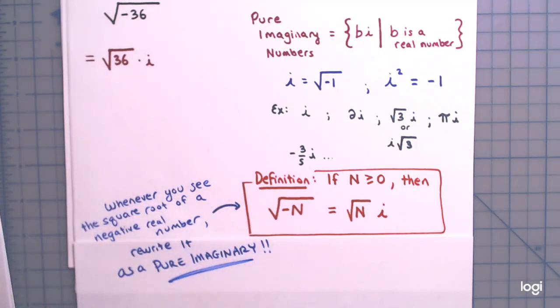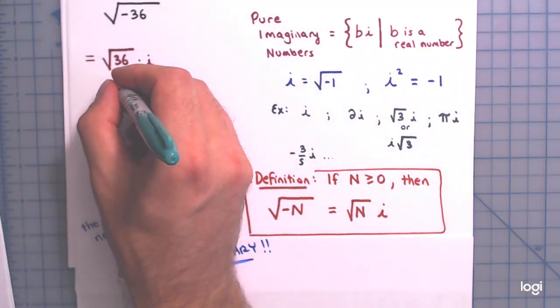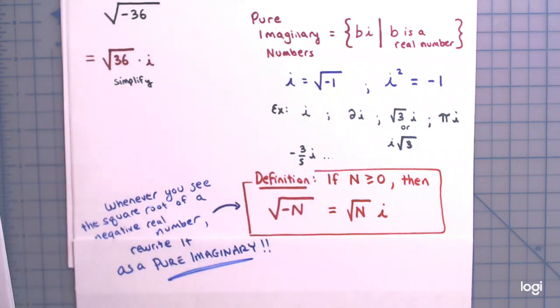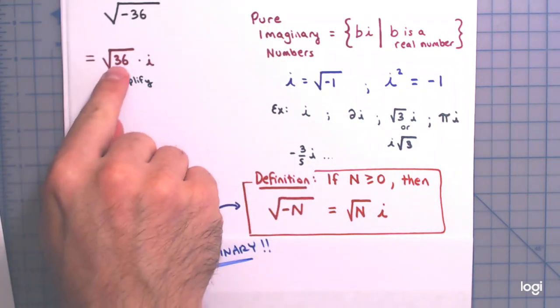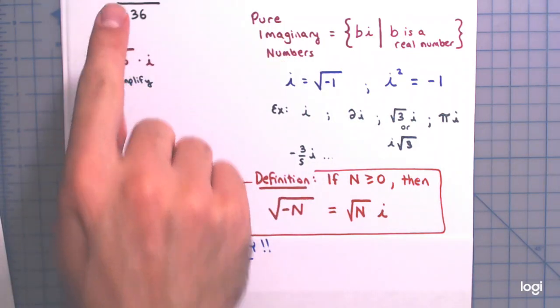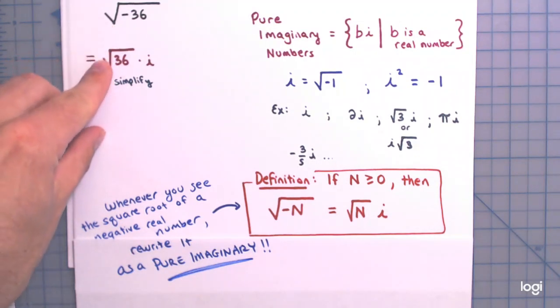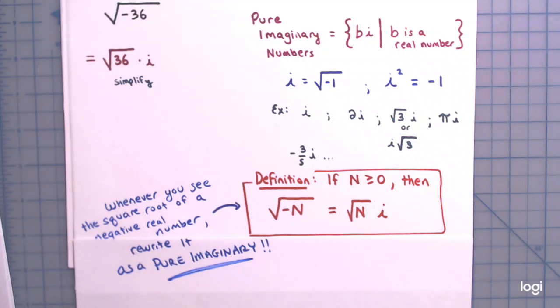Now, of course, as we've seen with all other videos I've put up on radicals, please simplify. I'm going to simplify the radical, the square root of 36. Now, be careful, right? Anytime you see the radical symbol with an even root, square root, fourth root, sixth root, etc., you're being asked for what's called the principal square root, or the non-negative one.